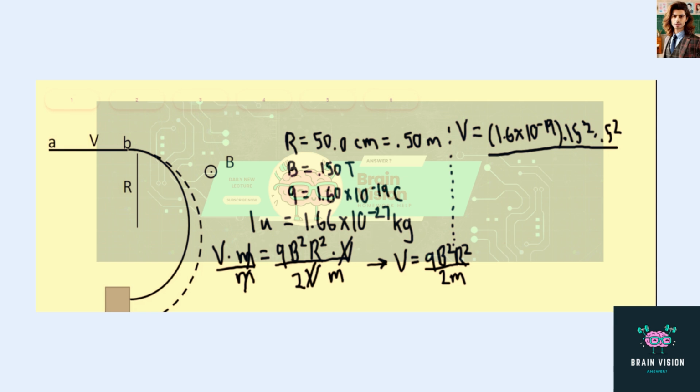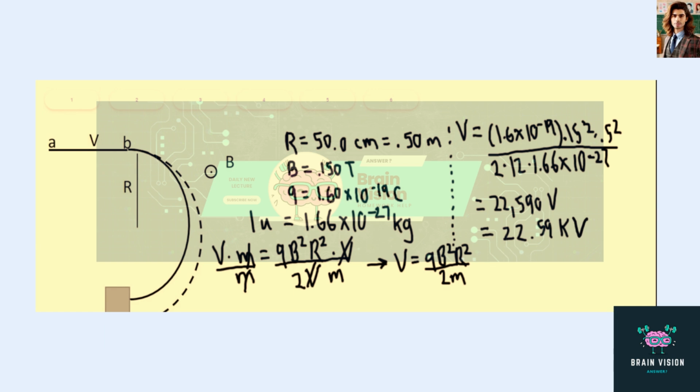But remember, we need 12 atomic mass units for carbon-12, so there's a factor of 12 right here. So we have 1.66 times 10 to the minus 27 kilograms, because we want to work also in SI units. So now when you work this out, you obtain 22,590 volts. And you can write that in kilovolts, which is 22.59 kilovolts.